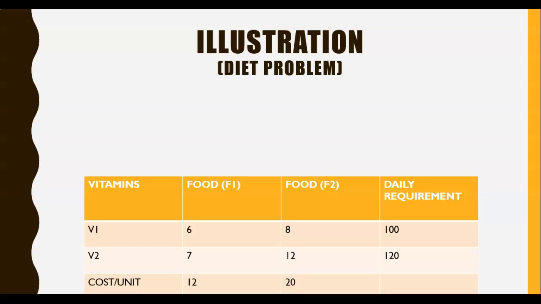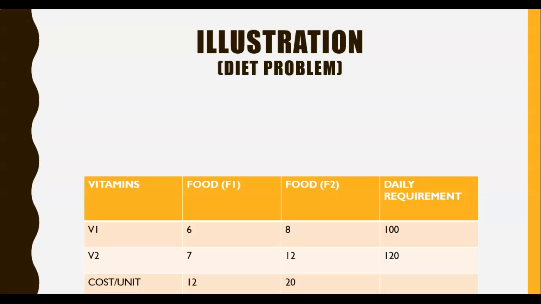He will obtain the data on the costs of these foods and the quantities of vitamins B1 and B2 contained in these two foods. That is how the problem is formulated. The gathered data is represented in this table.